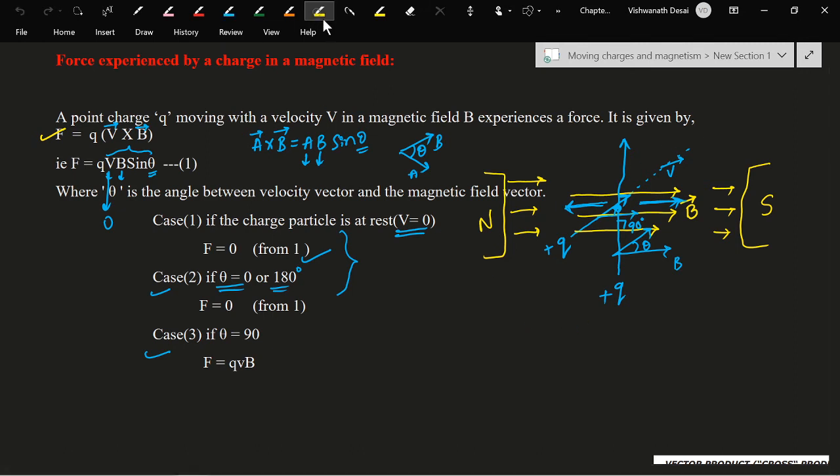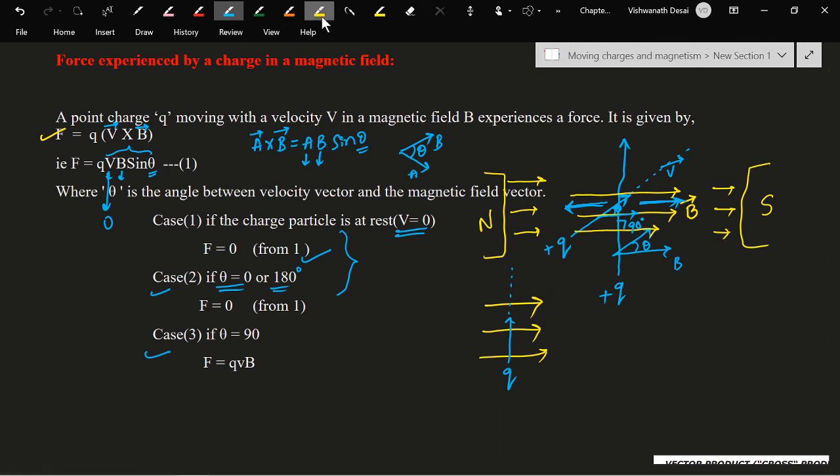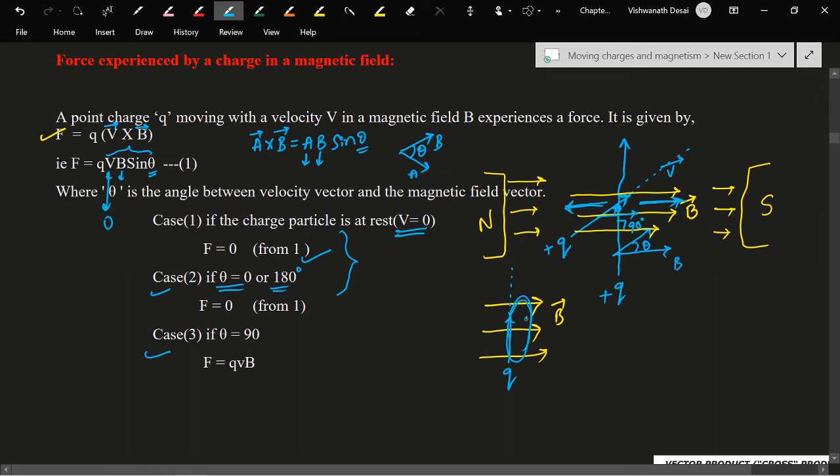If there is no magnetic field, the charged particle moving perpendicular continues to move in a straight path. But if you apply a magnetic field B, it will experience a force and start circulating because of the magnetic force.